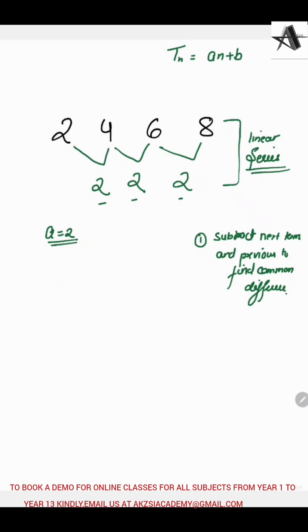Now, we have to write our original series, that is 2, 4, 6, 8. This is our original series that is given in the question. And now the an series. Instead of a, we have calculated a as 2, so I need to replace it with 2.